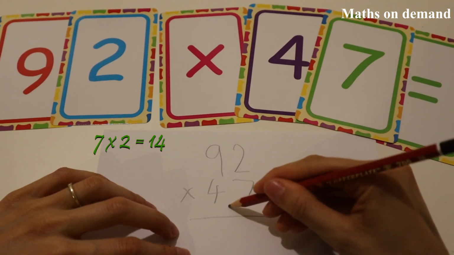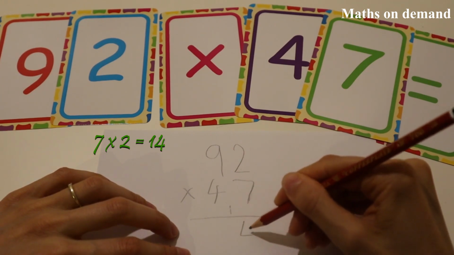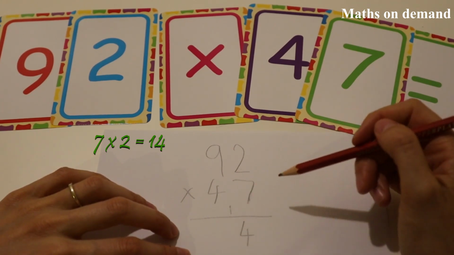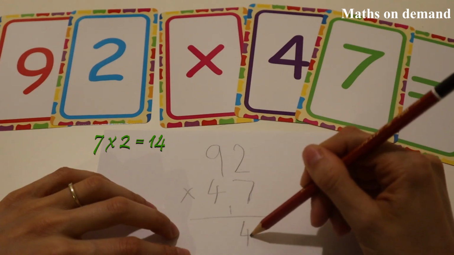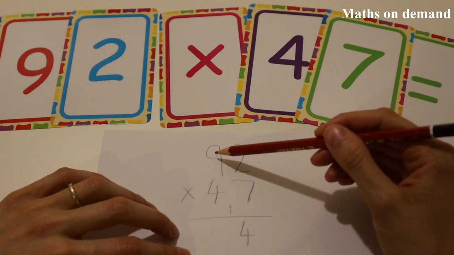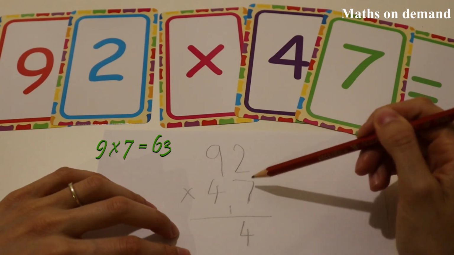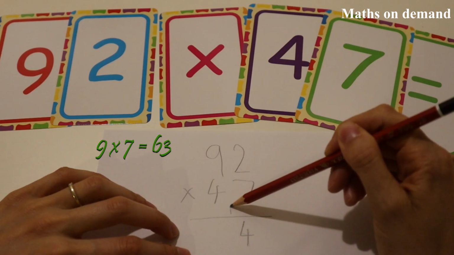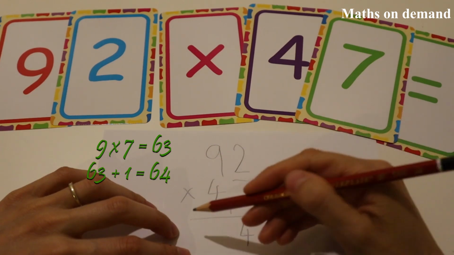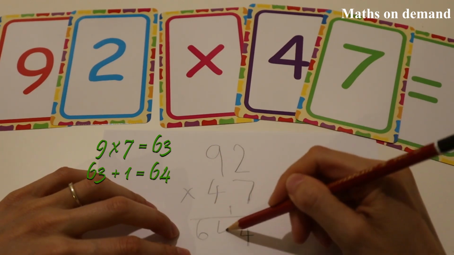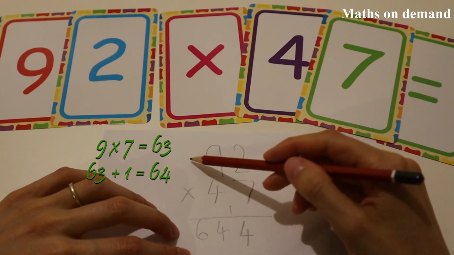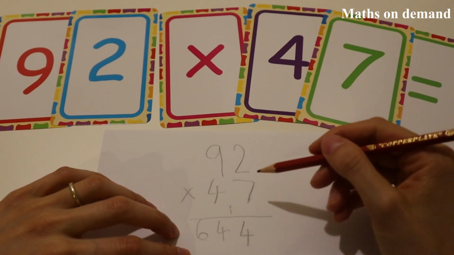We're going to carry that 1, which is the tens in 14, and write the 4 down here as the ones of 14. Now we'll do 9 times 7, which is 63, and add one more. 63 and 1 is 64. We can write the full answer here because there are no more numbers to multiply on our top row.